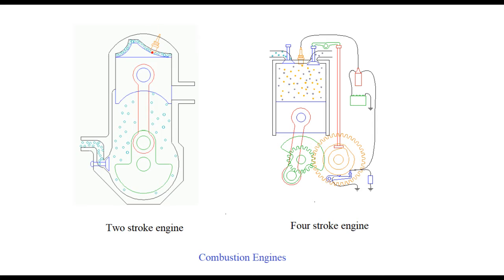Admission of the air-fuel mixture, ignition of the mixture, and removal of burned fuel take place in one or two rotations of the engine shaft. Admission of the air-fuel mixture is controlled by a carburetor and a valve at the top of the cylinder. Exhaust gases are also removed through the exhaust port using a valve.